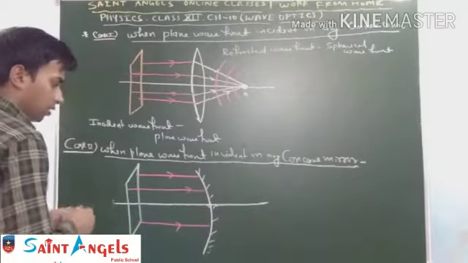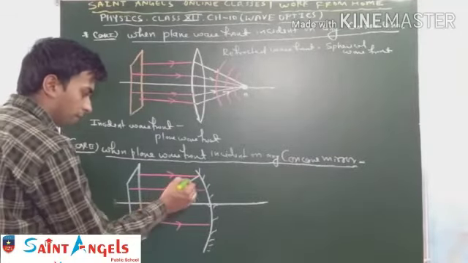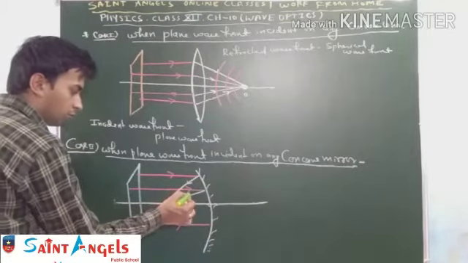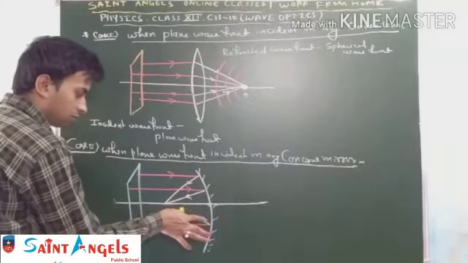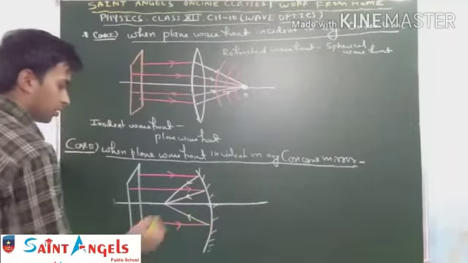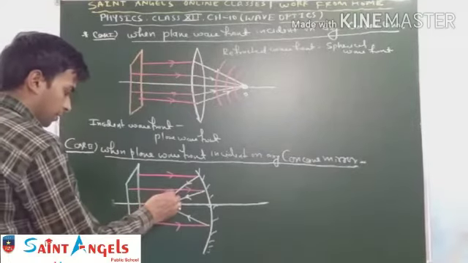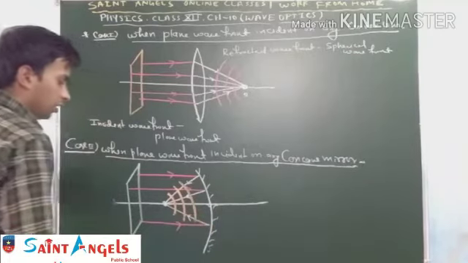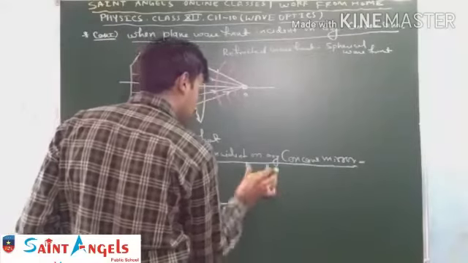So as a result of reflection, all rays intersect or meet at the focus point. So we can say that the reflected wavefront is a spherical wavefront. In this situation, the incident wavefront is a plane wavefront, while the reflected wavefront is spherical.